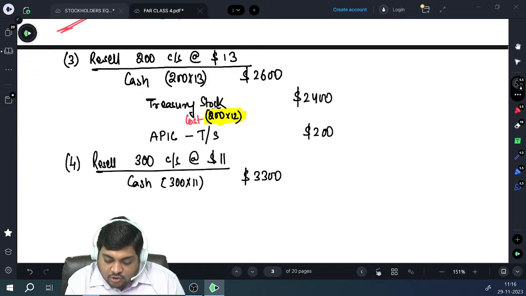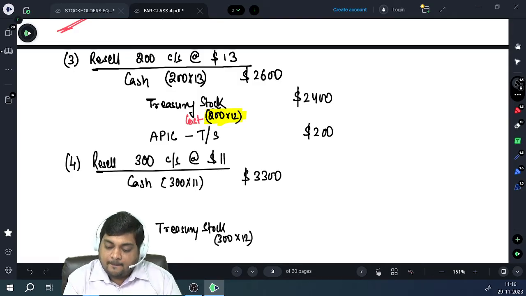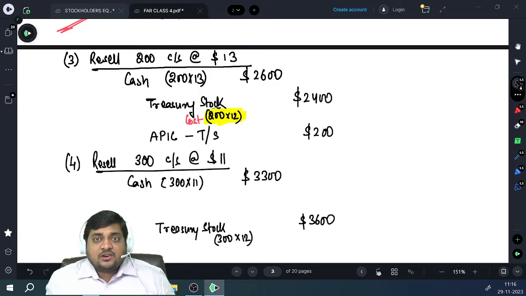Treasury stock I need to show at cost. Now the difference indicates loss because I purchased for 12 and I have resold for 11.